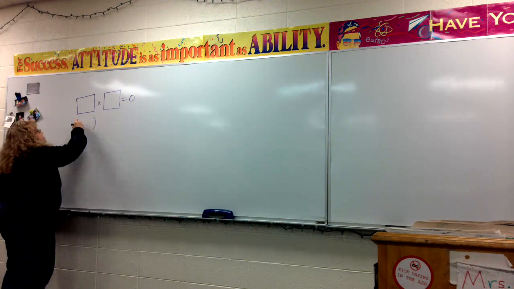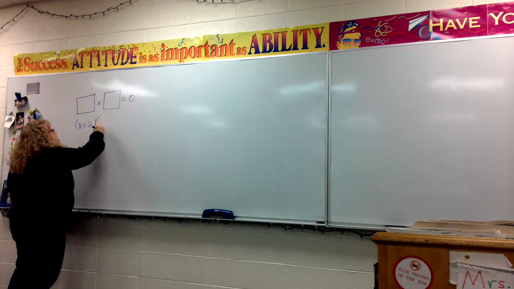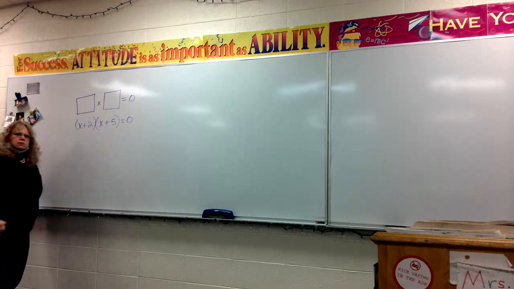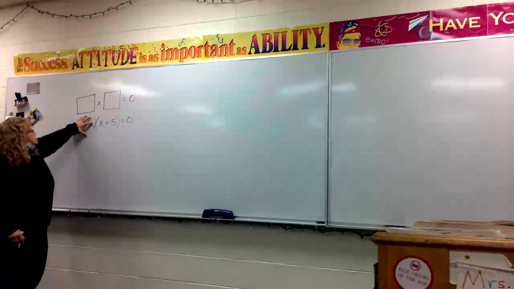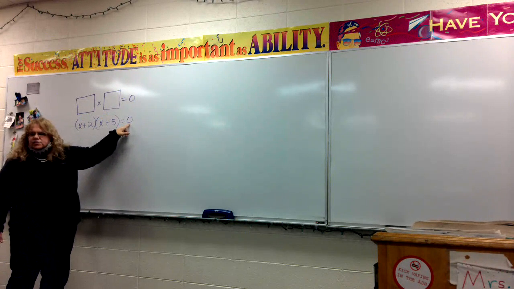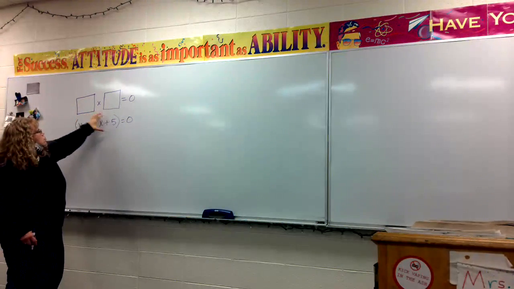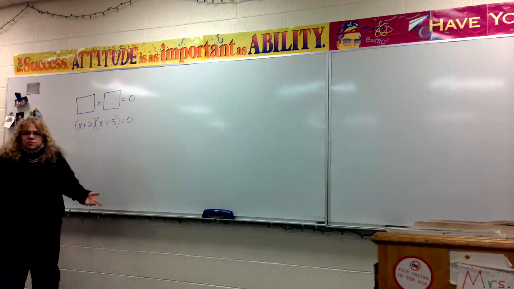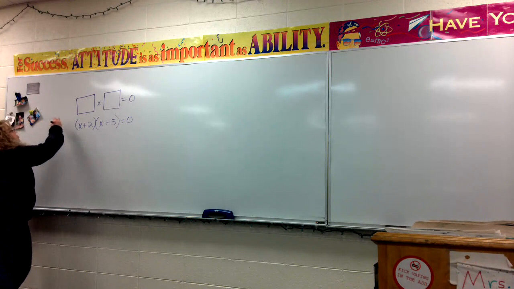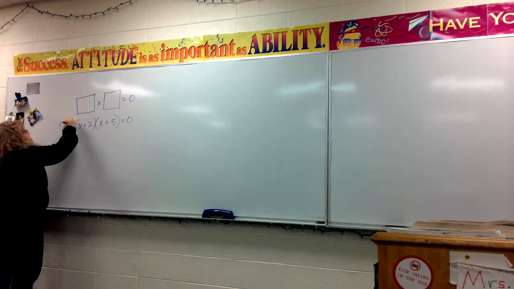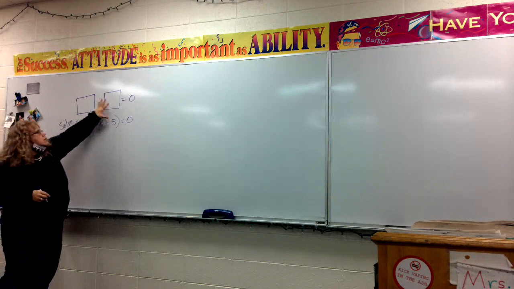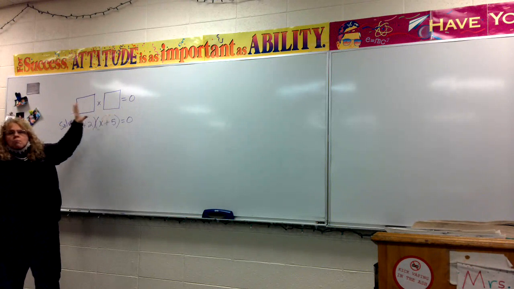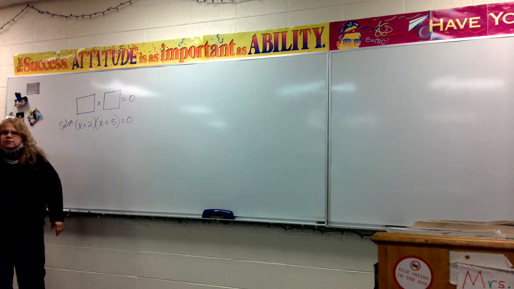So, for instance, if (x plus 2)(x plus 5) equals 0, I'm multiplying this thing times this thing, and I get an answer of 0. What does that tell you about one of these two things? One of them has to be 0, one or both. So today, we're going to solve these, and we're going to use the idea that when you're multiplying and you get an answer of 0, one or more of those things has to equal 0.